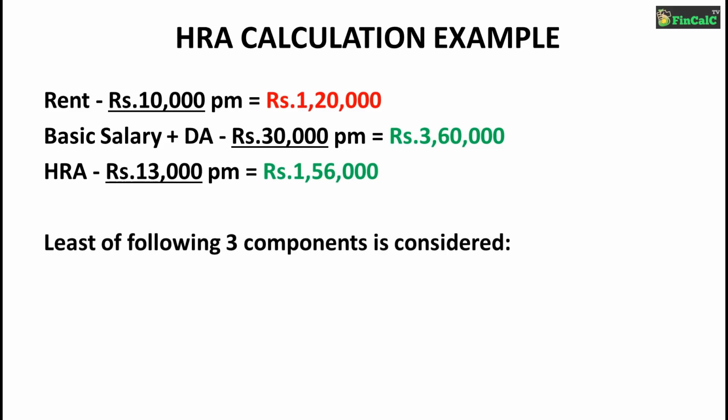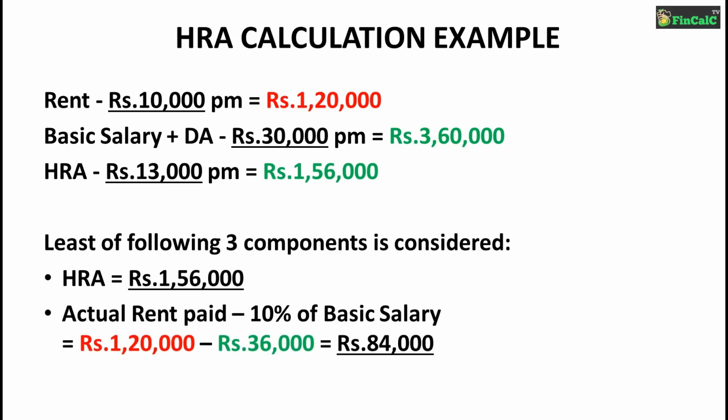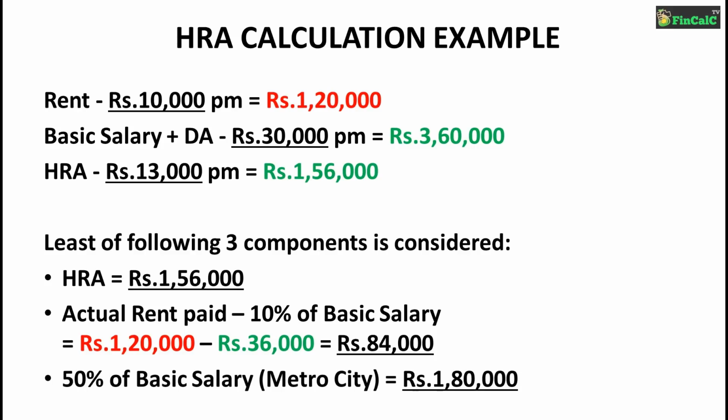The least of the following three components will be considered. HRA provided by the company is Rs 1,56,000 in the year. Actual rent paid per year minus 10% of basic salary will be Rs 1,20,000 minus Rs 36,000, which is equal to Rs 84,000. 50% of your basic salary is Rs 1,80,000 if you are living in a metro city.